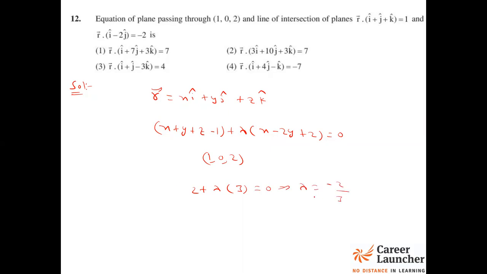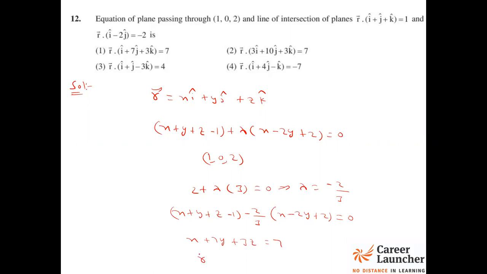So substitute lambda as minus 2 by 3. So the equation becomes x plus y plus z minus 1 minus 2 by 3 times x minus 2y plus 2 is equal to 0. Taking LCM and simplifying, it will become x plus 7y plus 3z is equal to 7.